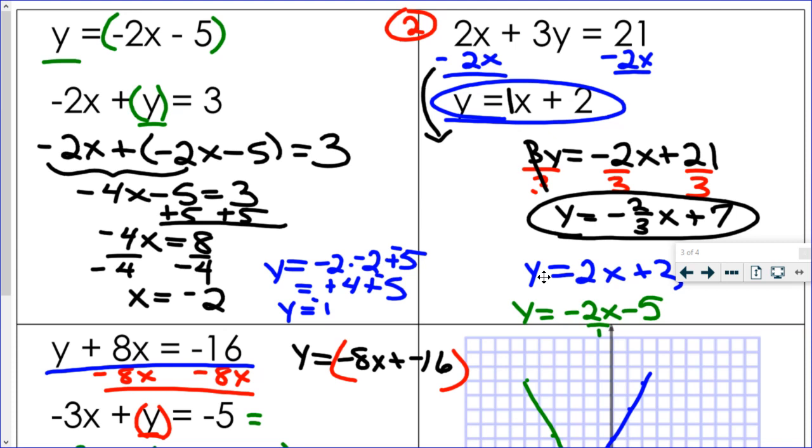So just be careful. On the review worksheet, make sure you're looking at some of those questions. Remember, if you ever get something like 6 equals 6, that is an infinite number of solutions.